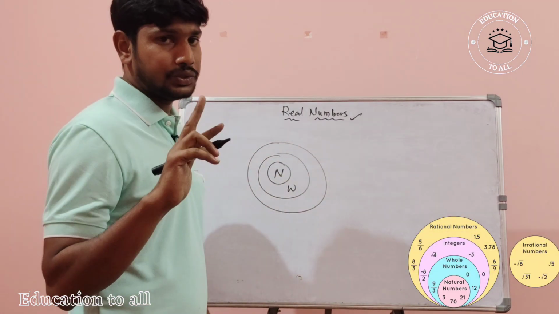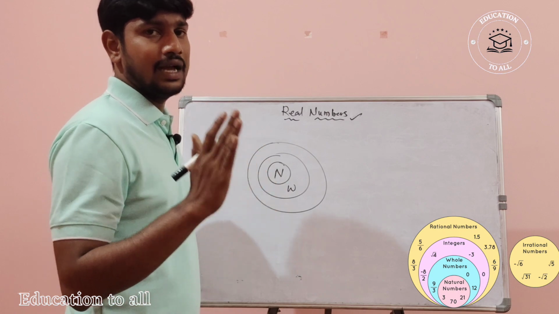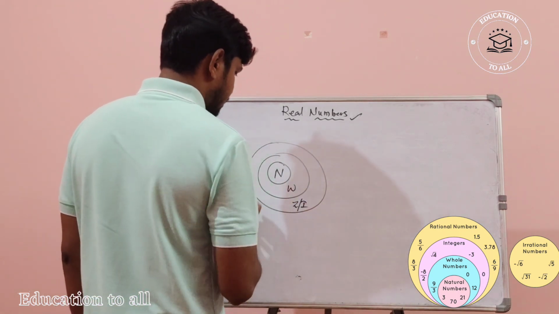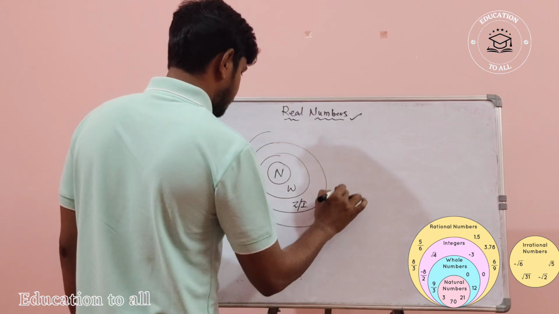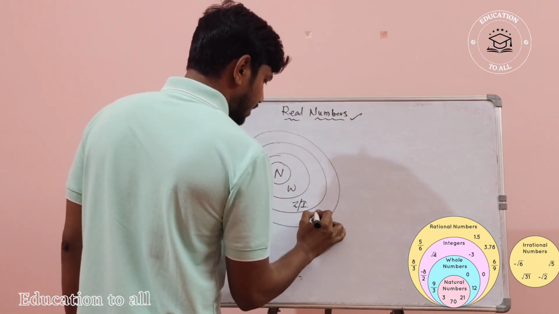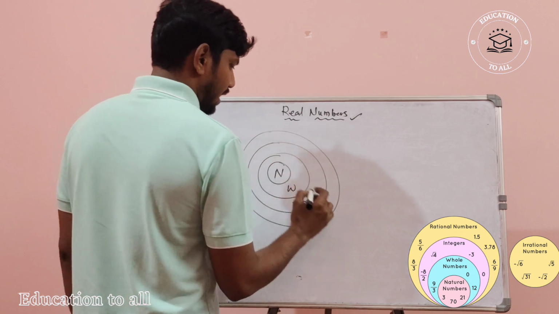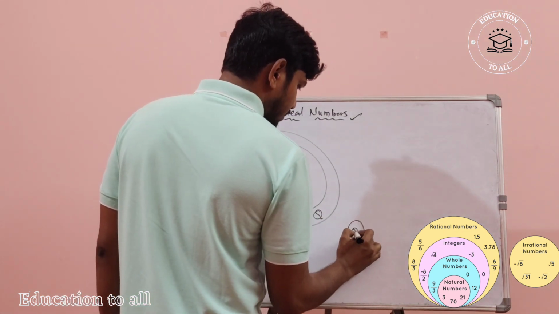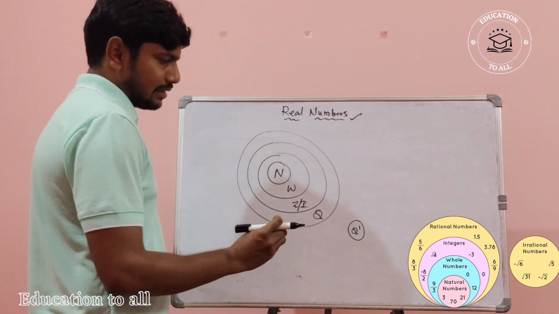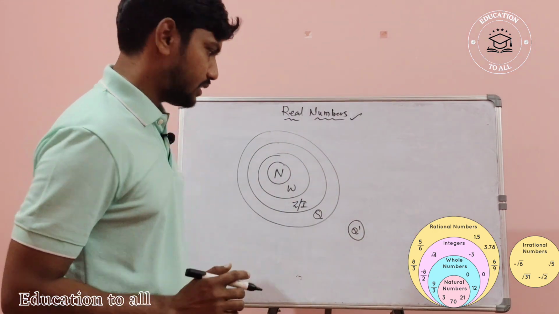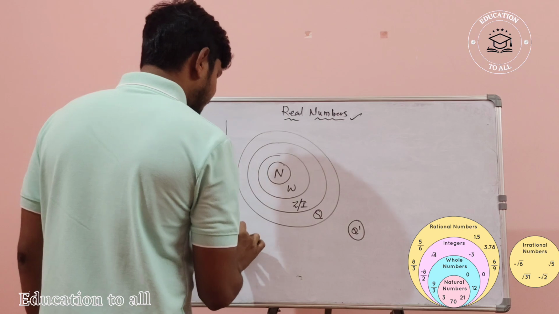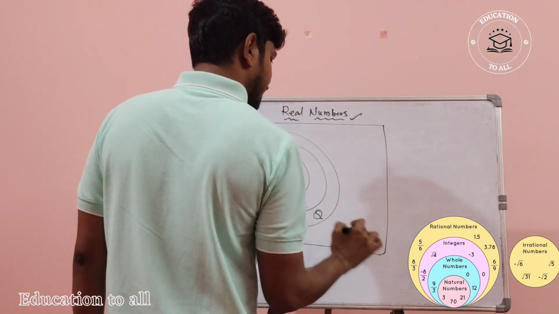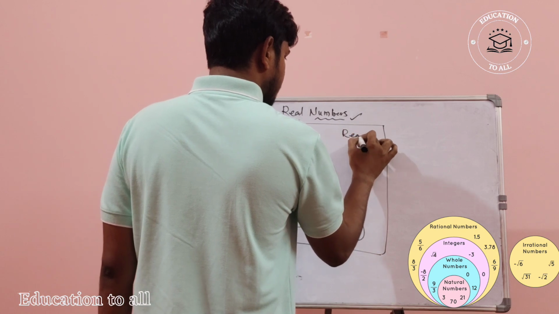Integers are indicated with two symbols, Z or I. Rational numbers are indicated with Q, and irrational numbers, since there is no relation between rational and irrational numbers, I'll represent as Q dash. So these are all called the family of numbers. Who is the family head? We can say real numbers.